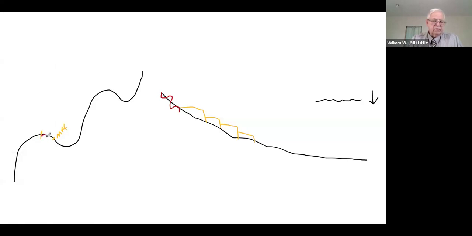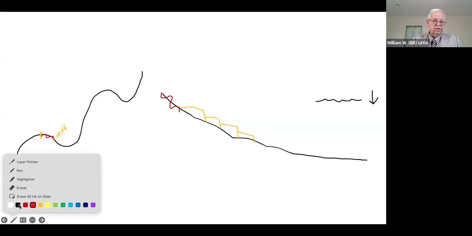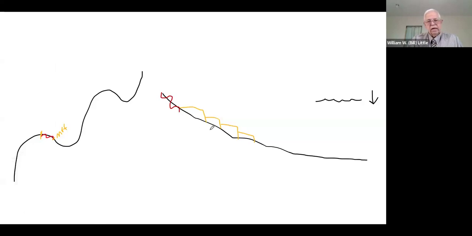Okay, and this is showing us the area that's being eroded. And we tend to refer to this right here as the falling stage systems tract. The falling stage systems tract represents a forced regression.